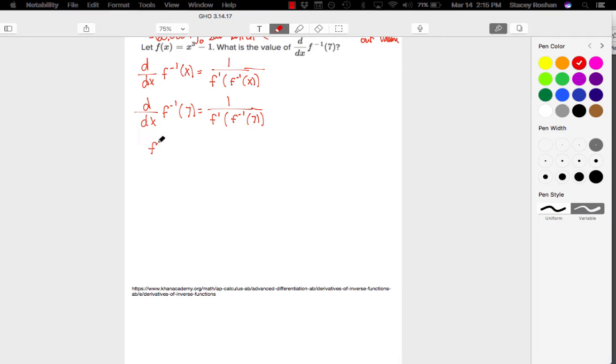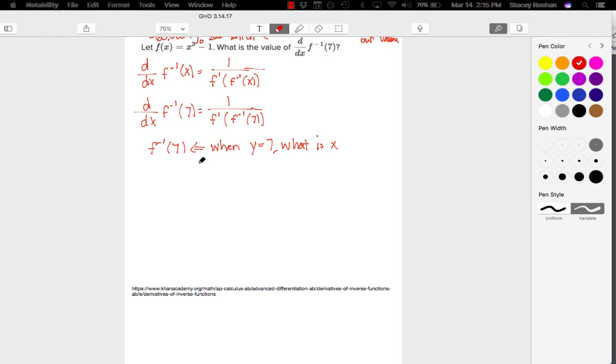So f inverse of 7 means when y equals 7, what is x? Because remember, in inverse function, we swap the x and y. So remember that f of 7 just means when x is 7, what is y? So this one, you just swap it. When y is 7, what is x?